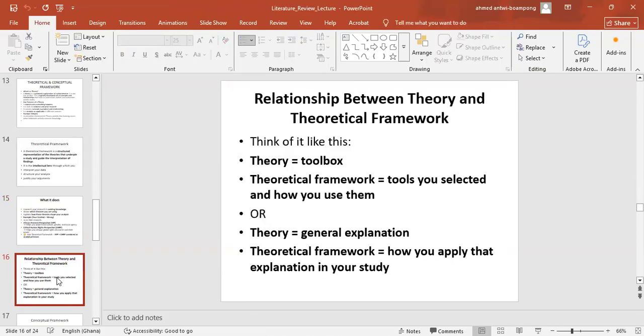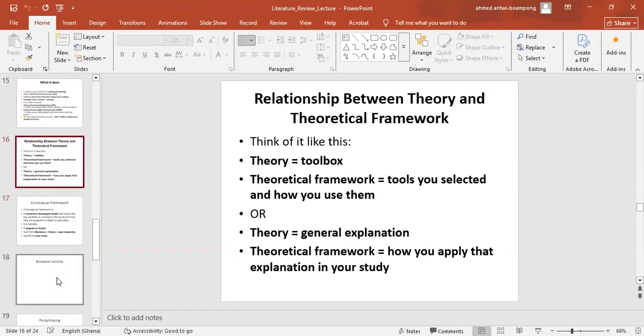But what is the relationship between theory and a theoretical framework? The relationship is this. You should think of the theory as a toolbox, that there are a whole lot of existing theories. All right.